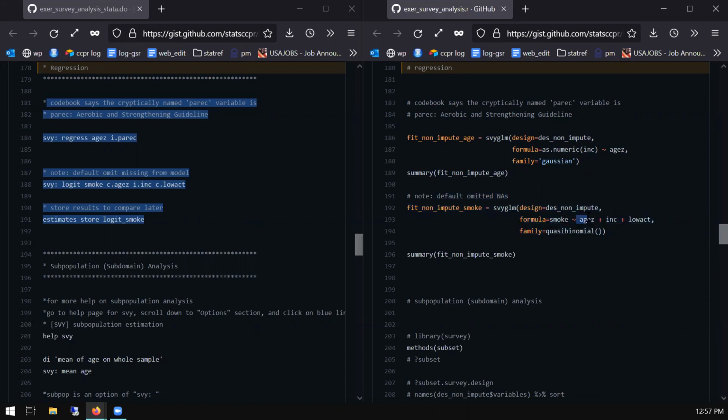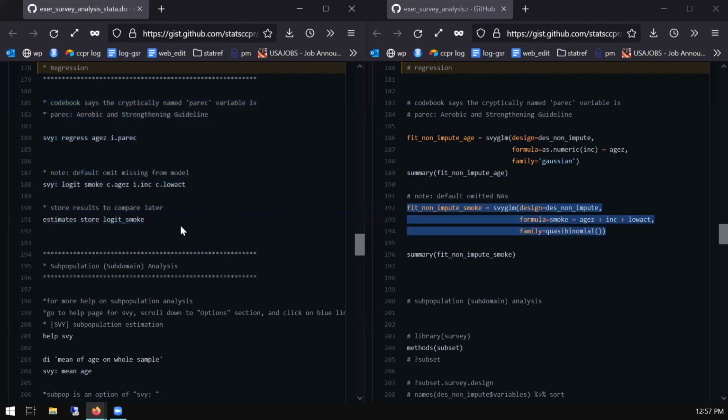We think that might be related to what's your age, what's your income, what's your ACT. So if you're familiar, if you learned it in class, you could use a binomial GLM. That just means you're estimating a logistic regression. So this one line equivalent in Stata is, you could use that survey GLM, but at the same time, I think behind the scenes, you can also use this logit command. It fits a logistic regression for you.